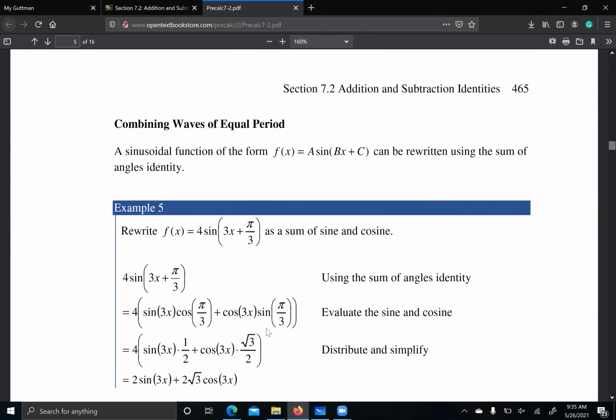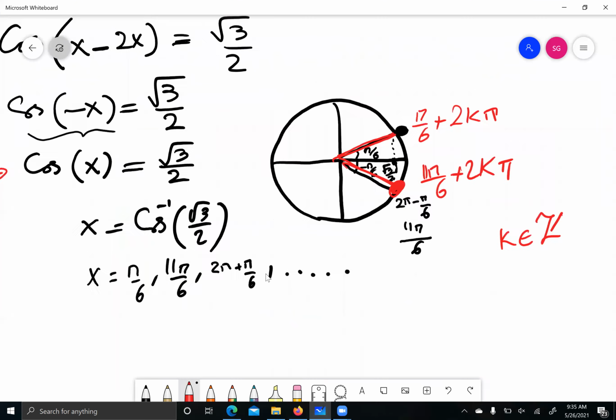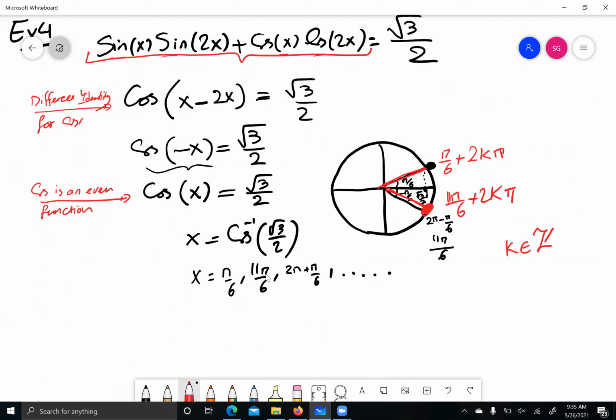Okay. So the point is that here we used a difference identity, and that helped us to solve this equation and find the solution.